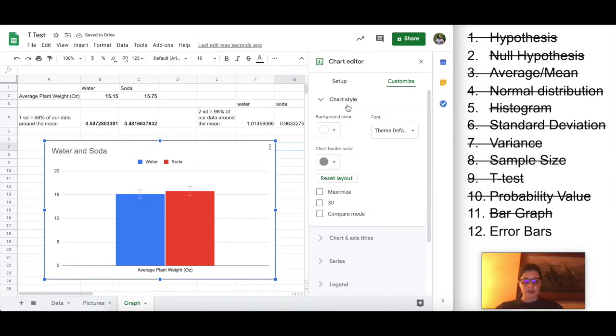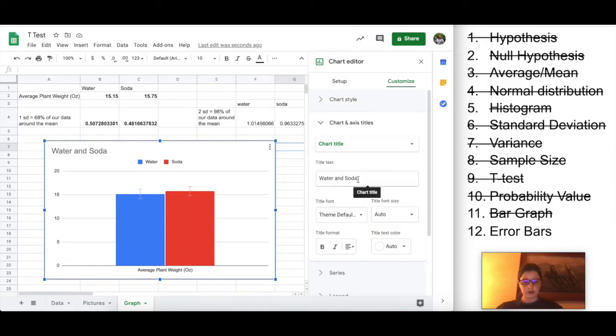I'm going to add a better chart title, comparison of average plant weights on fields with water or soda.